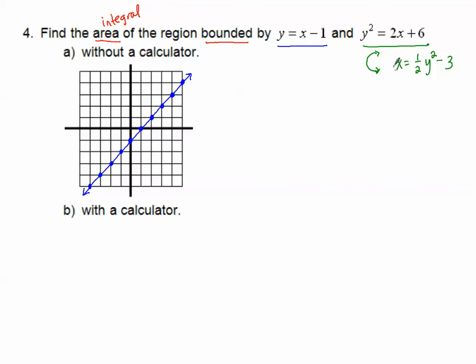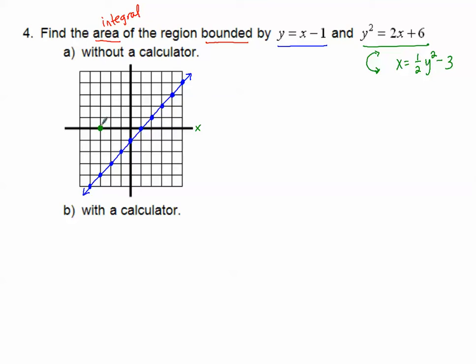If I solve for x, then I think about how I usually graph a parabola and just do it sideways. For example, minus 3 means I shift the vertex in the negative direction 3 units, so in the x direction negatively would be 1, 2, 3 units. Then it's a parabola that opens in the positive direction, to the right, but 1/2 is much narrower.